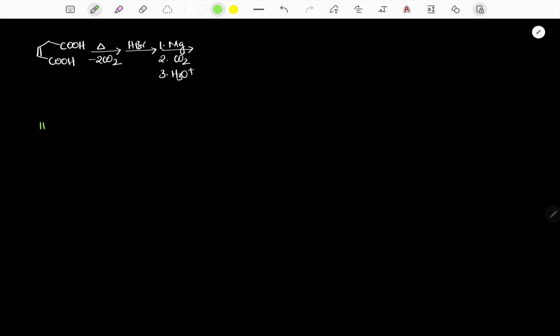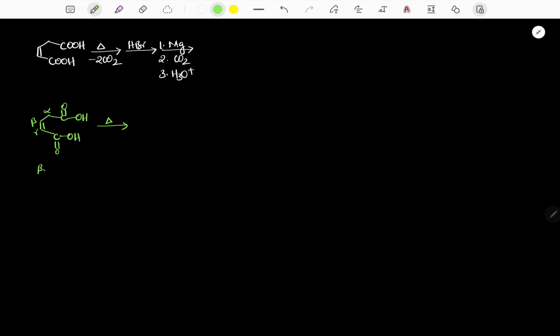The reactant has an alkene, a carboxylic acid and another carboxylic acid. It is heated. When it is heated, if you observe the reactant with respect to COOH, it is alpha, beta, gamma.